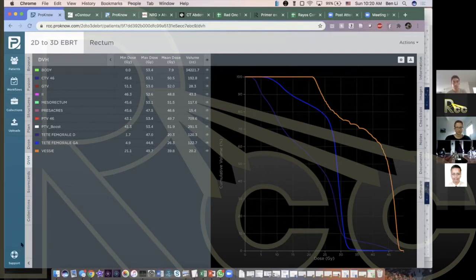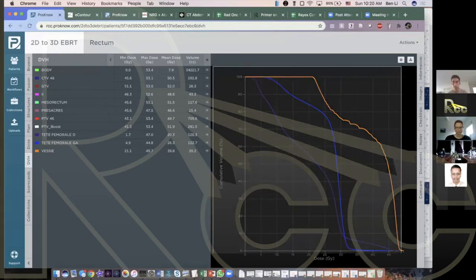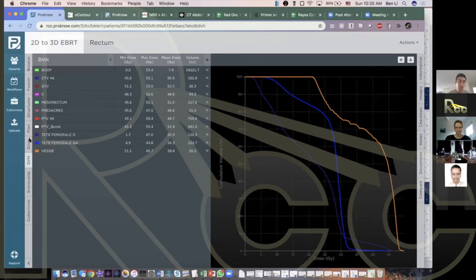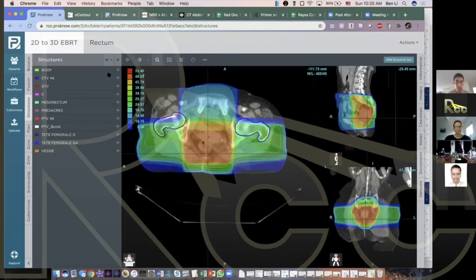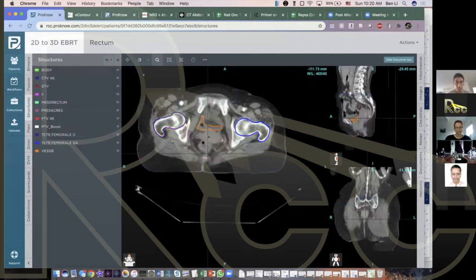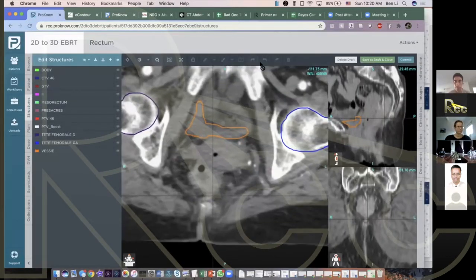Now, I'm going to do an experiment. We're going to take a picture of this DVH. And now, what happens if I change the structure? So going back here, I see the bladder. And let's say I'm being friendly and I'm peer reviewing this.